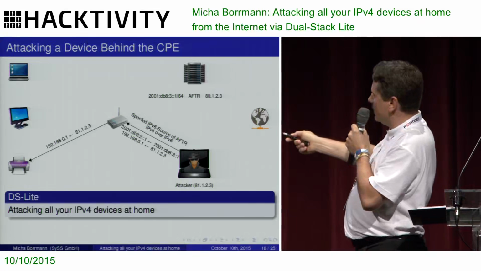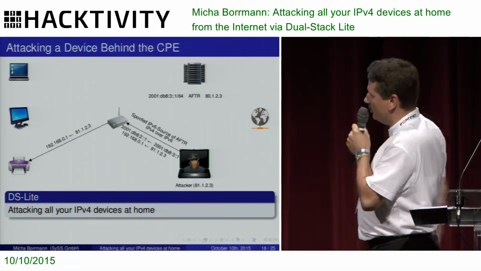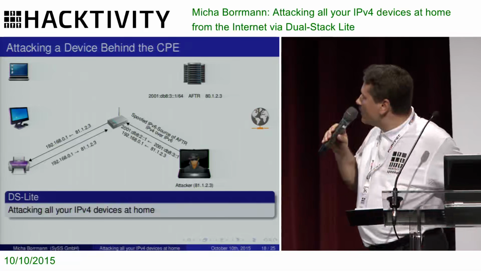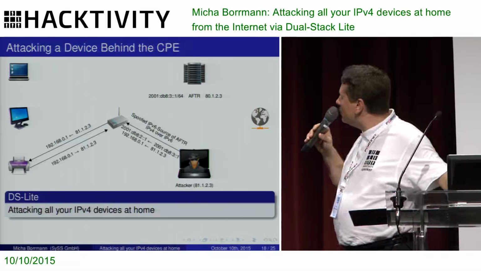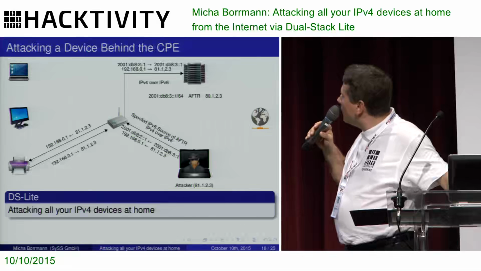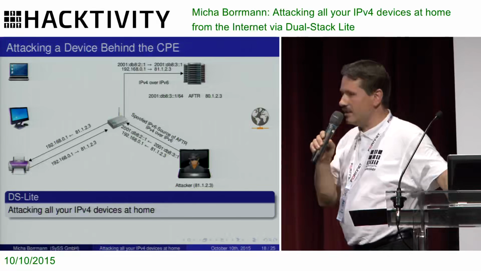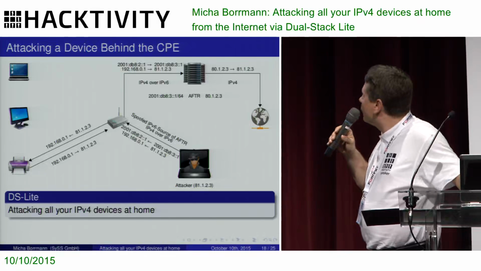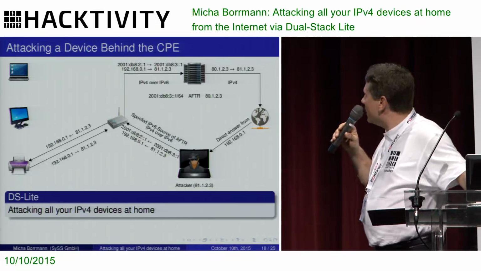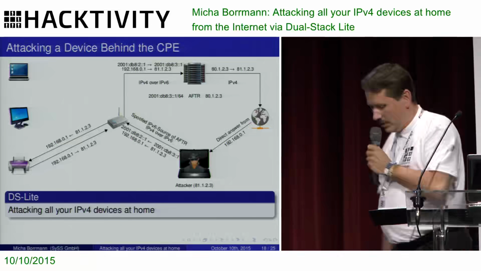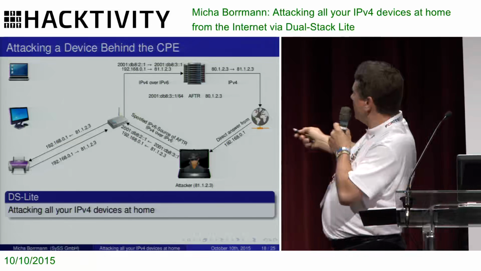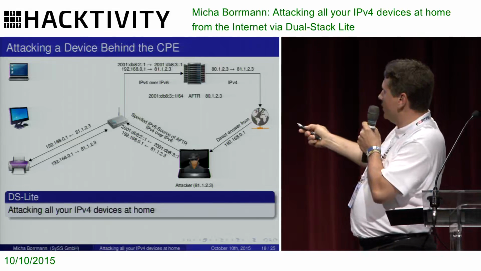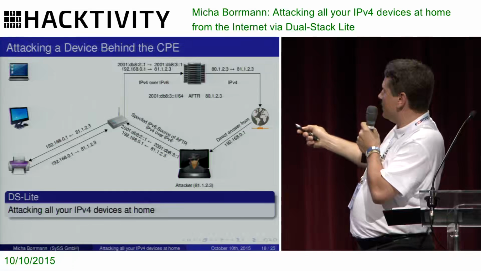It comes from the internet and is sent to a device in the home network, maybe a printer. The response goes to the CPE. It sends it to the AFTR, tunneled in IPv6. And then, with IPv4, it's sent to the internet, and it is reached by the attacker. But the interesting point is, you can have a direct connection from the internet to a private IPv4 address.